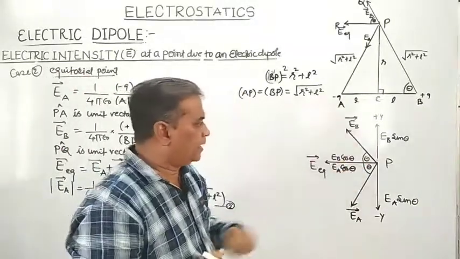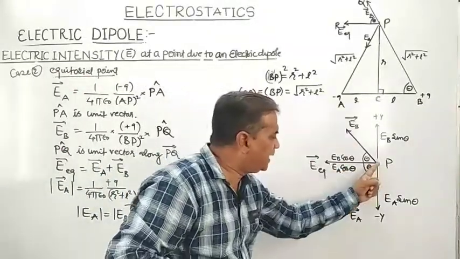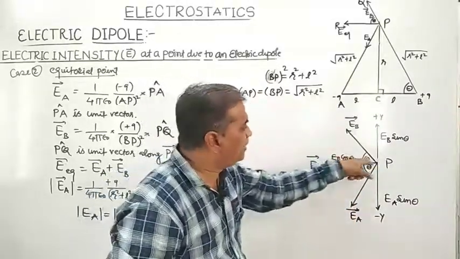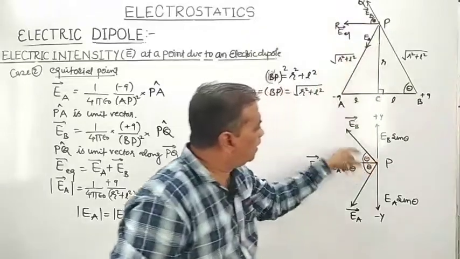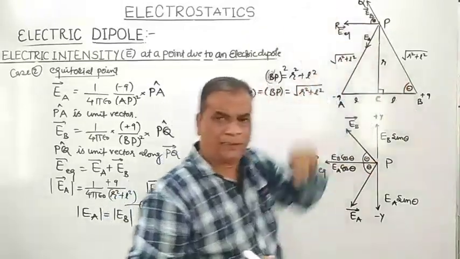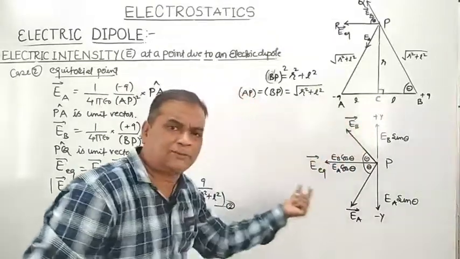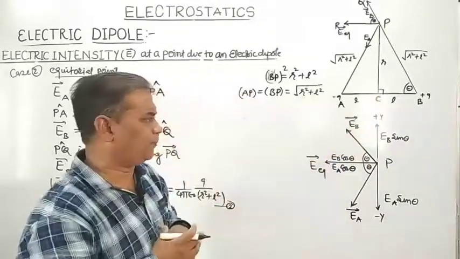Look at this. Here at point P, we know that EA will act along this direction, that is towards the negative charge. EB will act along this direction, that is away from the positive charge. So you can resolve this EB as well as EA into two rectangular components.